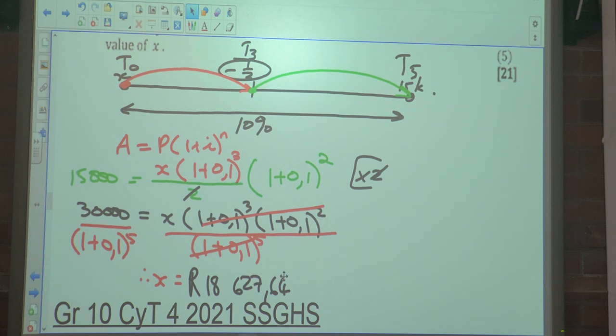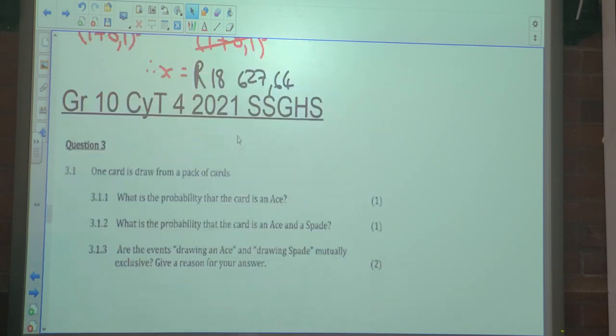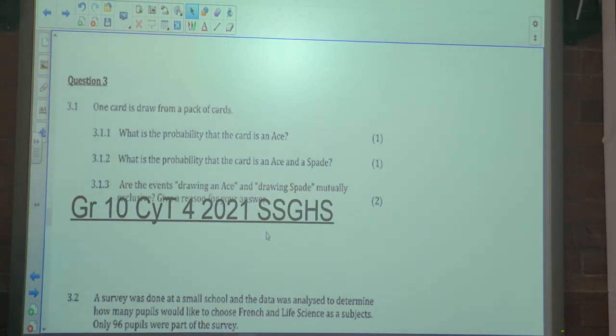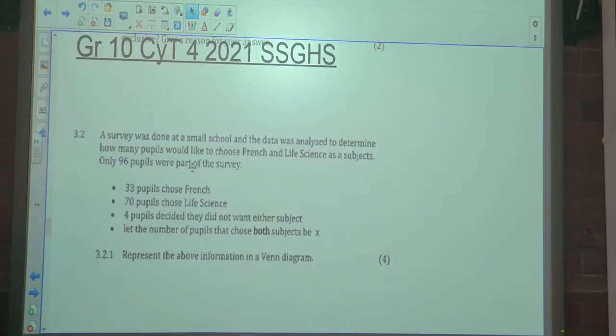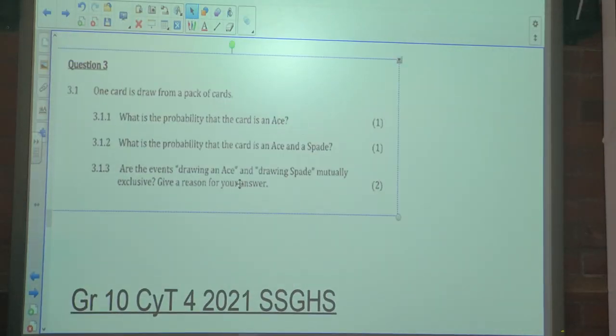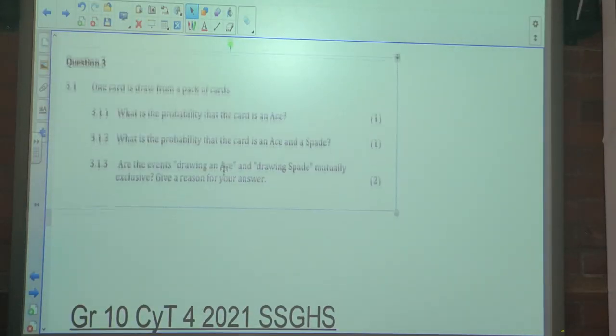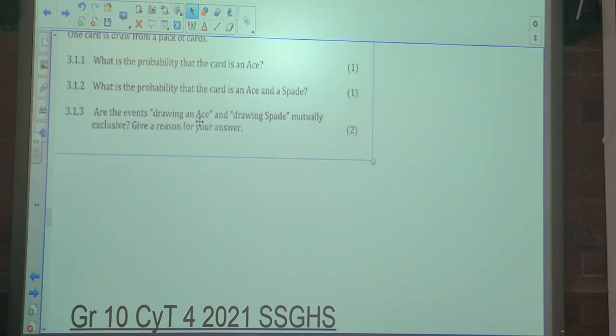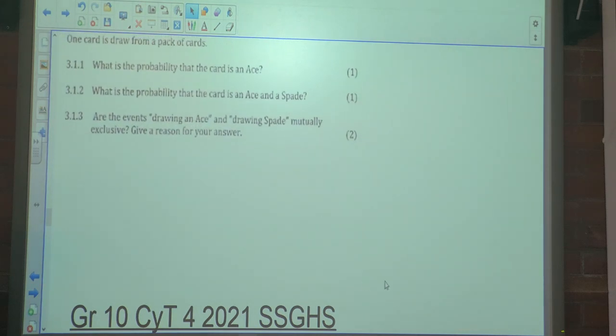Nice. Did you get the sum right or wrong? Okay. Right. Guys, let's practice a lot for this exam, for the cycle test. By the sounds of it, all you're doing is watching cricket and rugby.